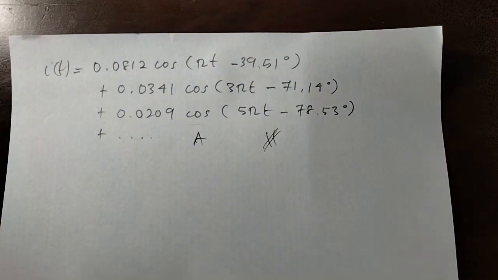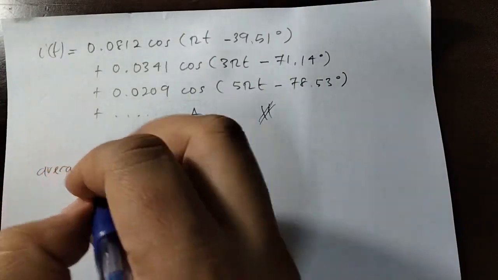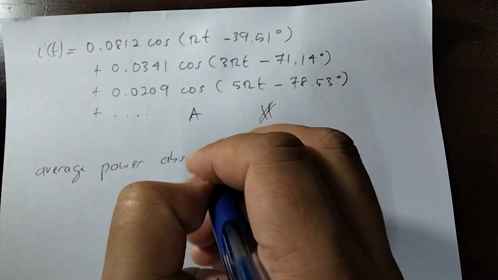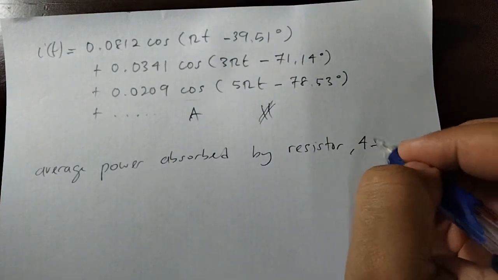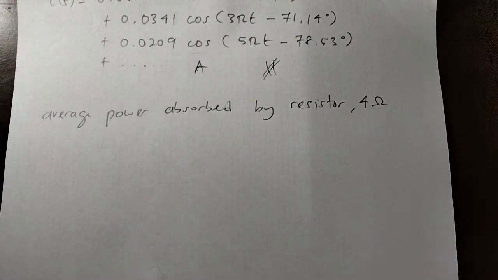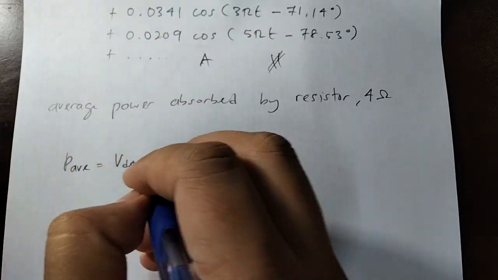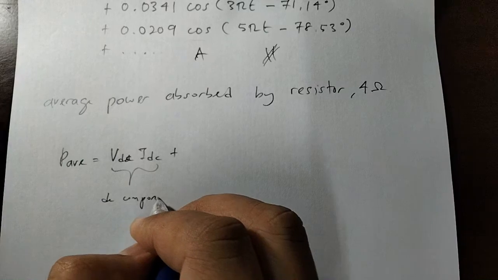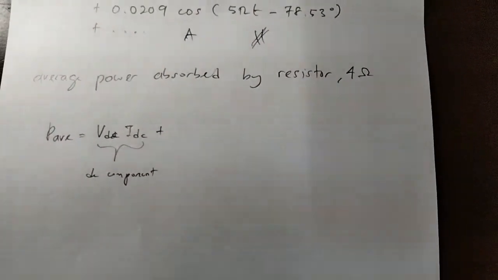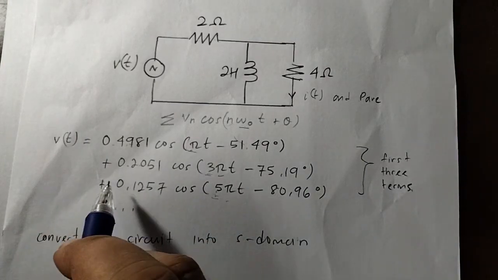Alright, now is to determine the average power absorbed by the resistor. Okay, 4 ohms resistor. So basically the equation is V_DC I_DC, right? DC component of the Fourier series, in which we do not have the DC component for this Fourier series, for this supply, for this voltage.